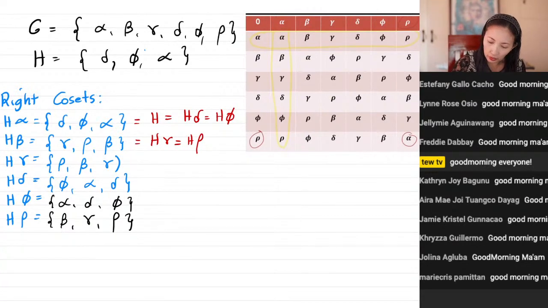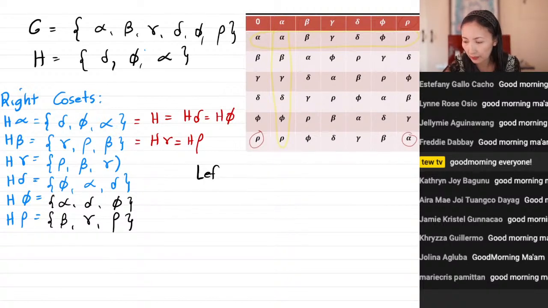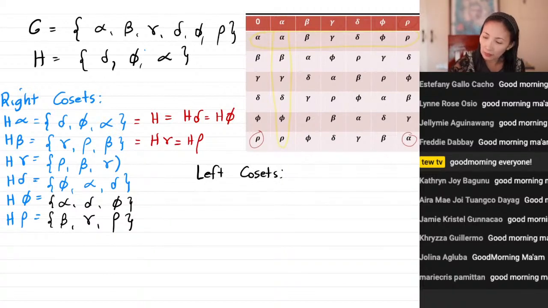How about the left cosets? Now we proceed to the left cosets. So it is reversed.